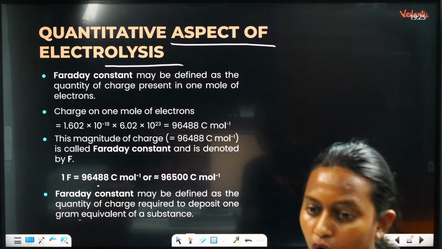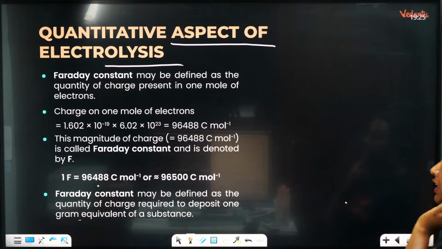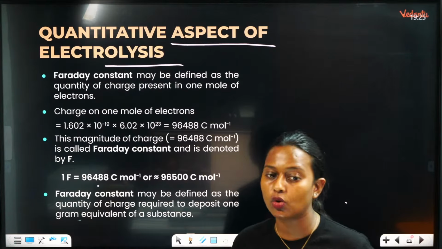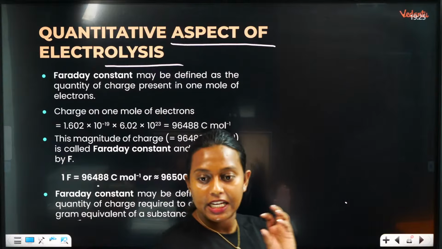Okay, so next we are moving to quantitative aspects of electrolysis.